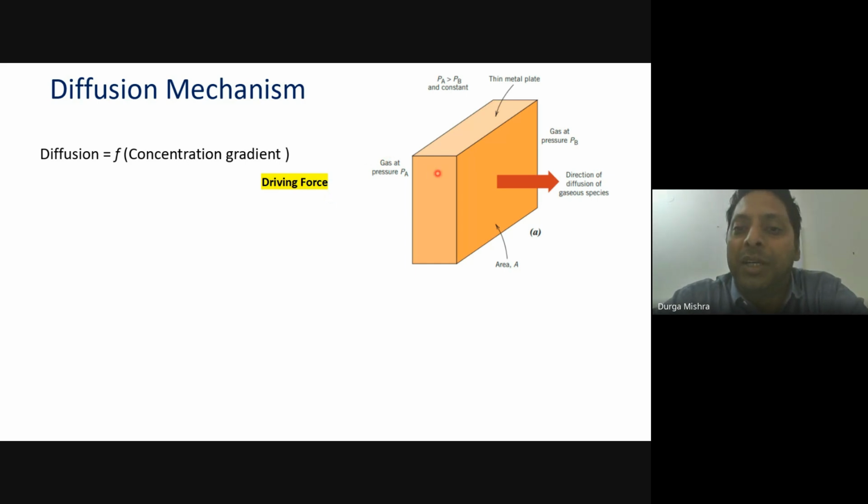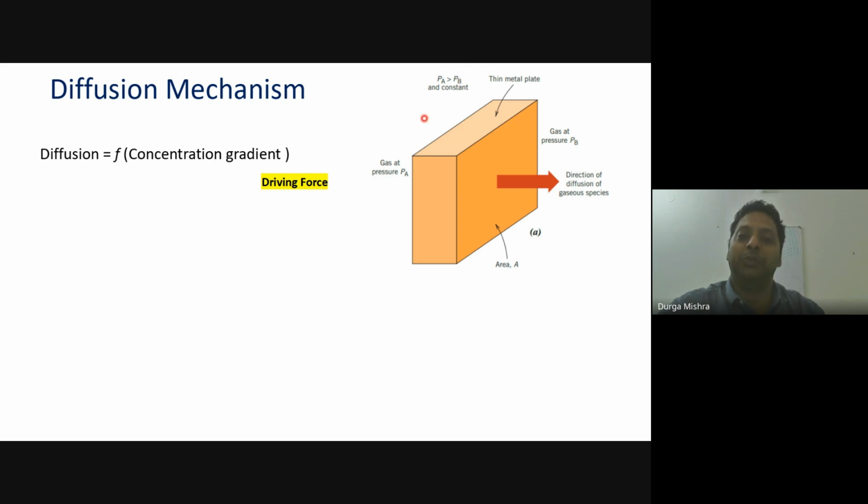This is what is being represented in a simpler way in this picture. Here we have taken a thin metal plate, and we have a gas at a pressure Pa on the left hand side, and gas at a pressure Pb on this side. The pressure is much higher on the A side compared to the B side.